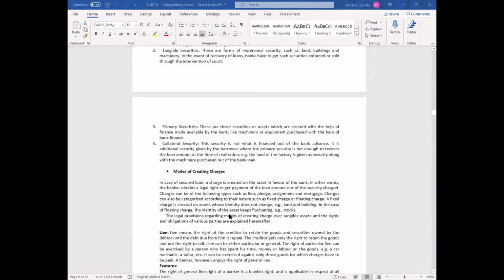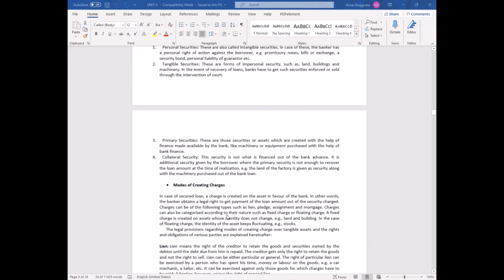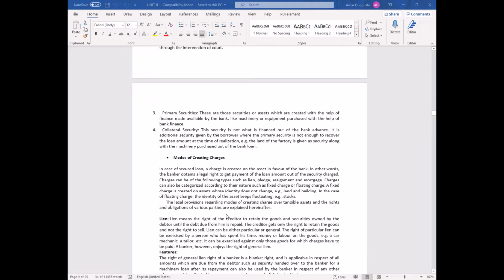Now, once these securities are put into the agreement of the loan, then some charges are created. In the case of a secured loan, when the security, personal security, primary security, tangible or collateral security has been put in by the customer to the bank for the loan, a charge is created on the asset in favor of the bank.